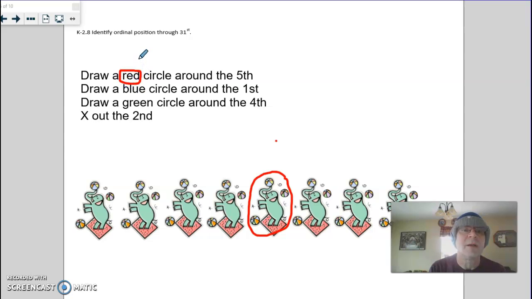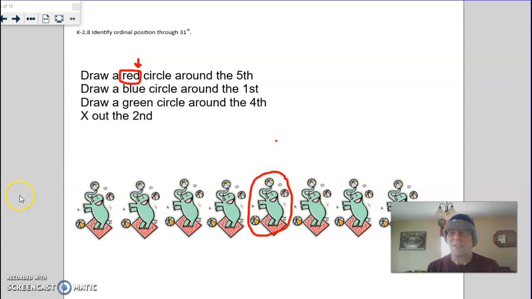There's a popper right there, isn't it? D, red, D. That's our loud teeth popper, isn't it? Yep. A red circle around fifth. So, first, second, third, fourth, and fifth. Right there it is. Okay.